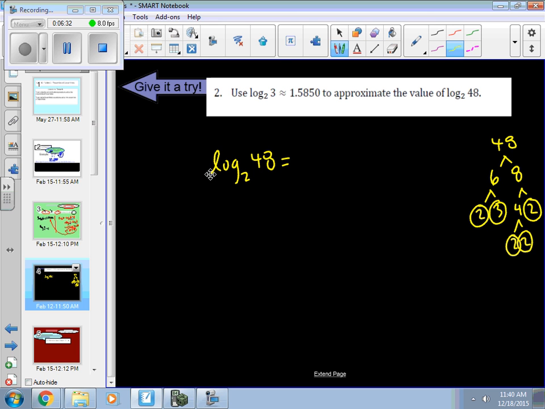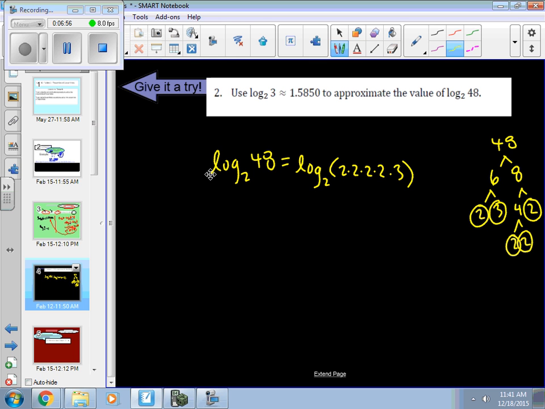So we could write this out as log base 2 of all these things multiplied together. 2 times 2 times 2 times 2, 4 2's, and a 3. All right, that means we can split it into a bunch of logarithms the same way here.